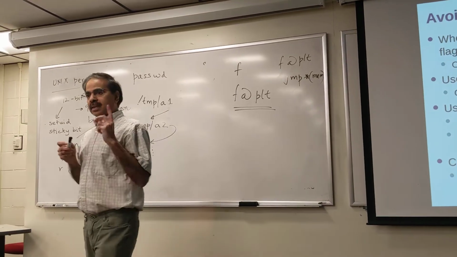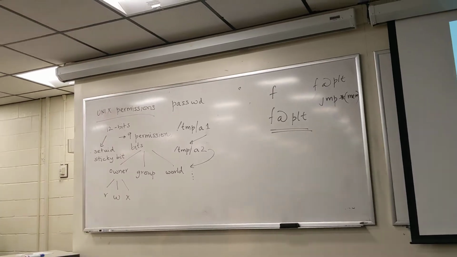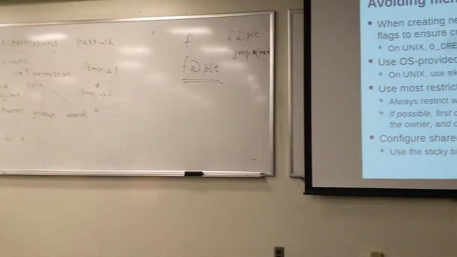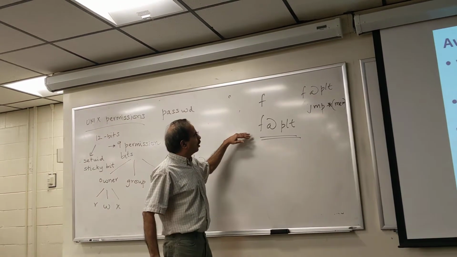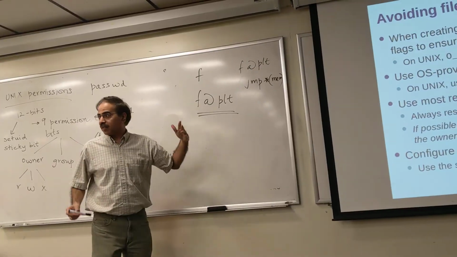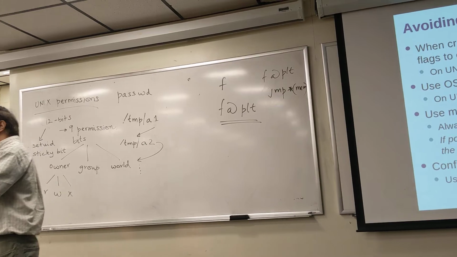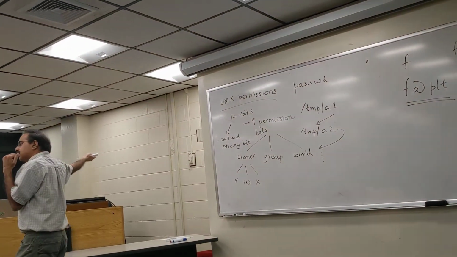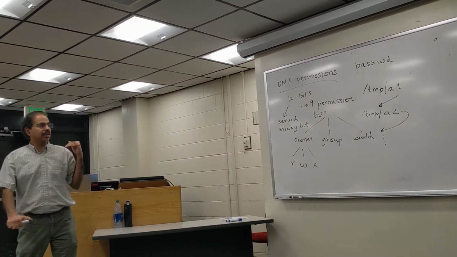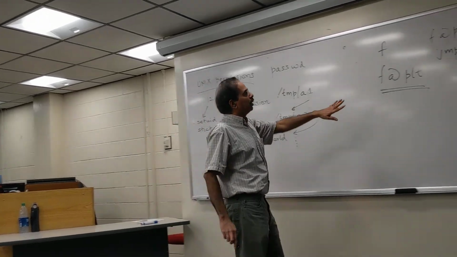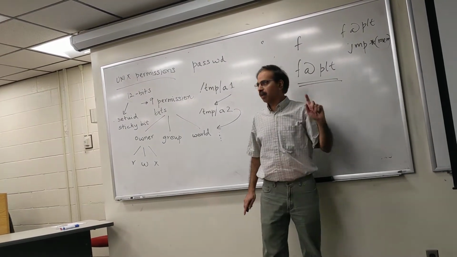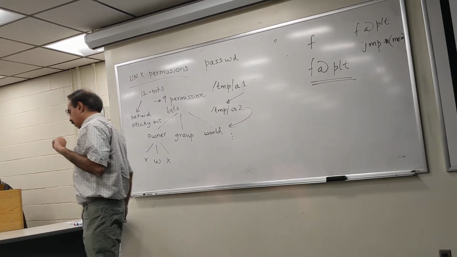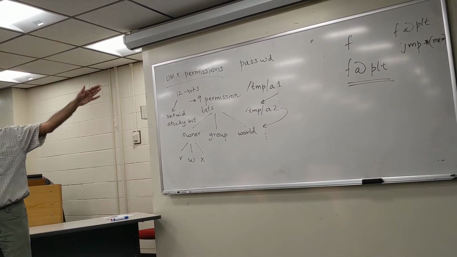So this table needs to be set up by the linker. The linker will fill in this table, so the compiler doesn't have to know where f actually is, because obviously the compiler is compiling this one little program. It doesn't know where this other library is. So it just creates this stub, and it knows that this memory location will be filled in by the linker, and then the call will go.